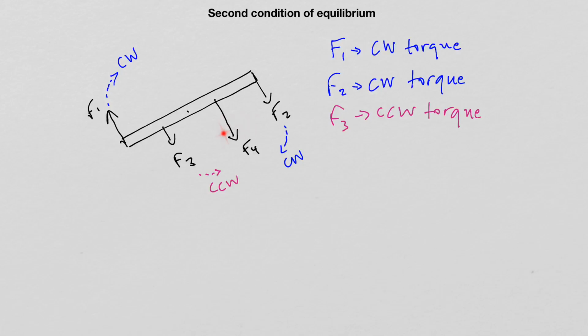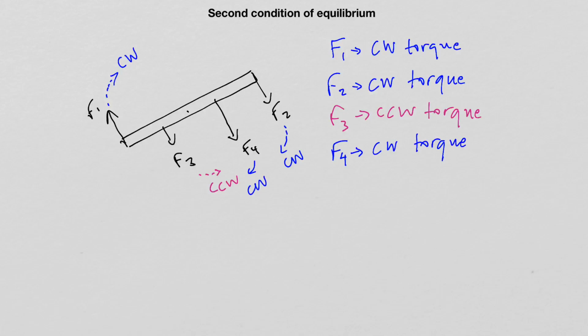And finally, F4 wants to rotate the meter stick in clockwise direction, so therefore F4 generates clockwise torque. So notice that these directions of rotation are determined by the position of the axis of rotation. In this case, that is in the middle of the meter stick.